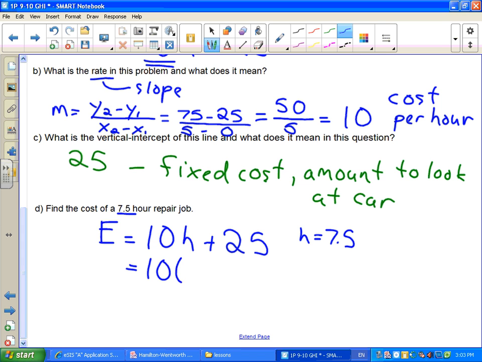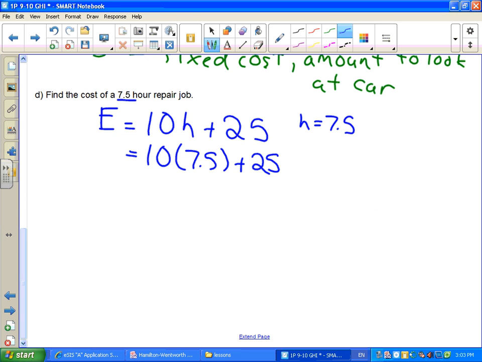Let's just sub that into our equation. And then we just need to punch this into our calculator. 10 times 7.5 is 75, plus 25 is 100. So a 7.5-hour repair job costs $75. So, sorry, $100.